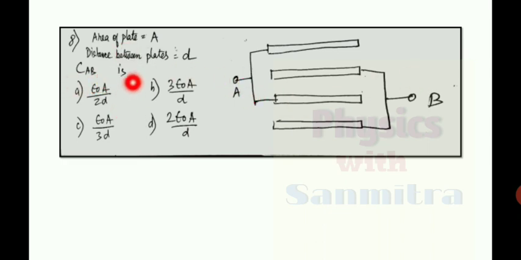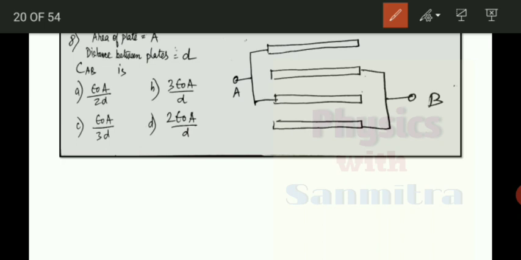Okay, now let's see. While doing this type of problem, I will be naming the plates. That means I will start with the inner side of the plates. Let's say this is 1, this is 2, this is 3, this is 4, this one is 5, and this is 6. I will not name the outer surfaces because they are not contributing to capacitance, meaning they are not facing any other plate.